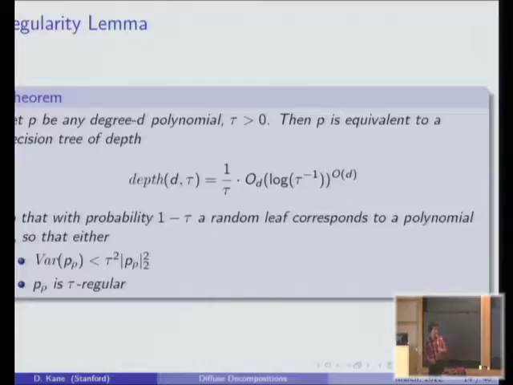If p is a degree d polynomial and tau is some parameter bigger than 0, then, well, I'm going to want to fix these high influence coordinates, but unfortunately I can't just pick the coordinates that I'm going to fix and then fix them. That sort of technology doesn't exist. I might have to fix a few coordinates and then, based on the values that I got back from those coordinates, figure out what coordinates I want to fix next.